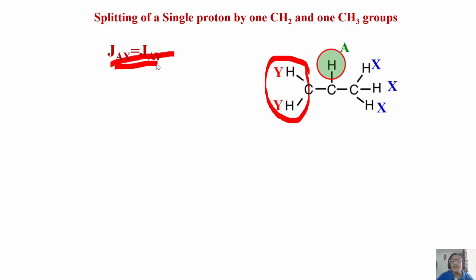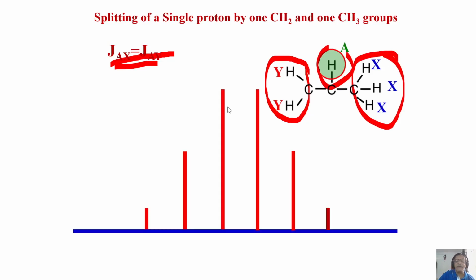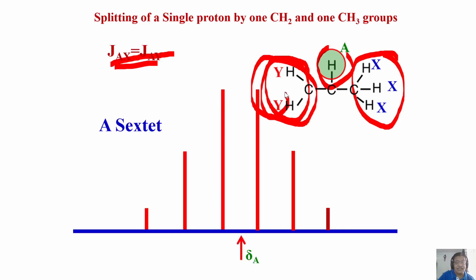What is the pattern I expect? Of course, first one you know, this is split into a quartet. And each line of the quartet splits into a triplet because of this, and you are going to get a sextet. Sextet of the intensity ratio 1:5:10:10:5:1. Okay? How do I know this?